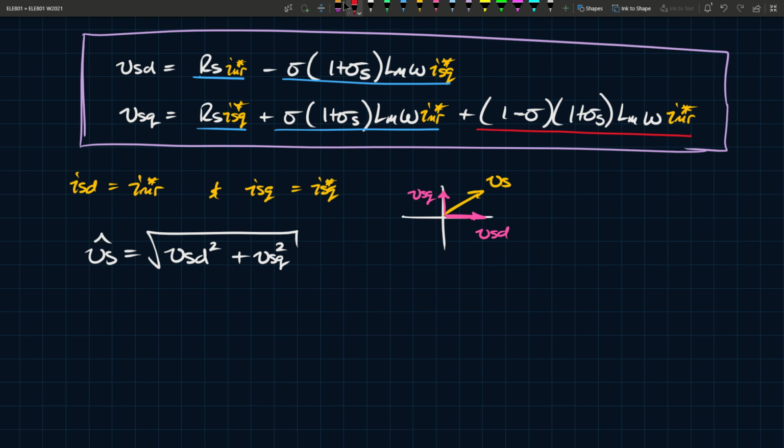Why? Because it's proportional to the speed, right? So it's related closely to the shaft speed. This is just something to note in terms of all of the relationships that we have here. Also, the reference IMR is decreased beyond the base speed, which is field weakening, in order to keep VSQ and therefore VS at a manageable value, right?